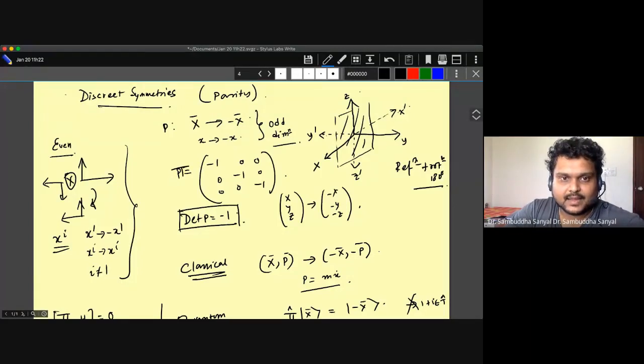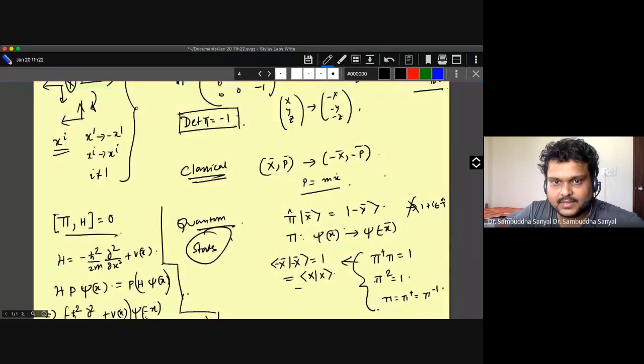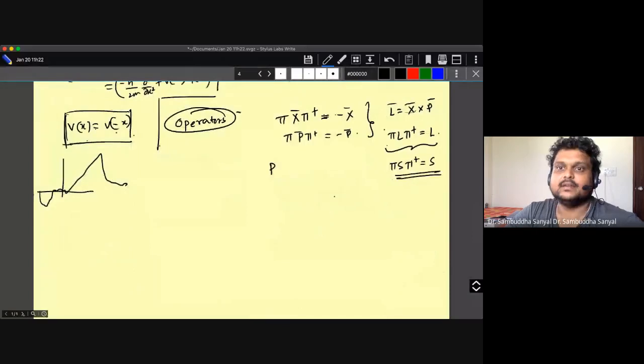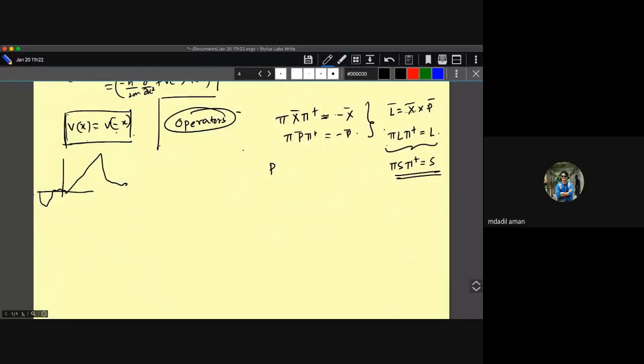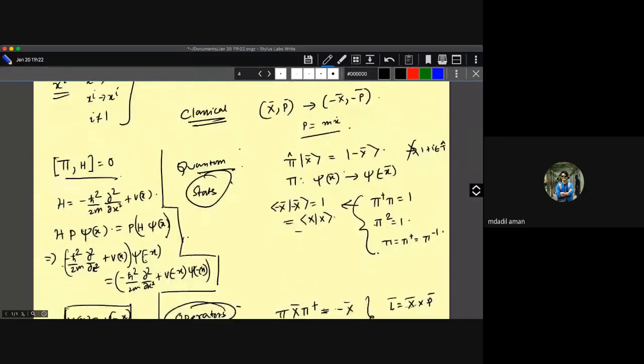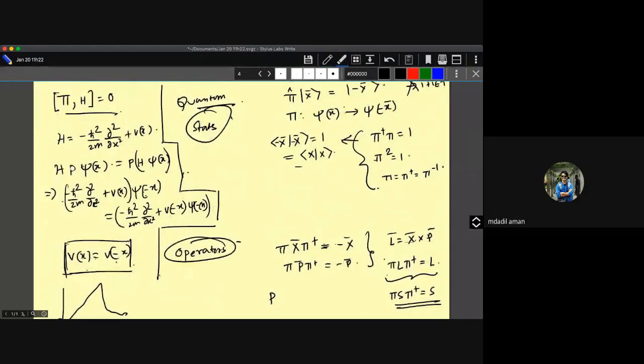So let me use pi for that also. There are sloppy notations everywhere. Any other place I kept the mess? In the above, in the Hamiltonian where you tried to show quantum. Oh yes. Yeah.